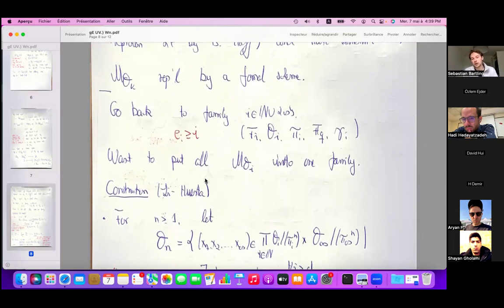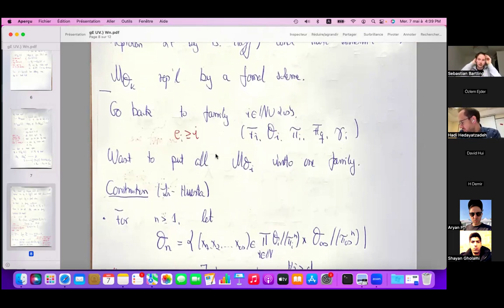So I have F_i, O_i, pi_i, and they all have the residue field F_q. At infinity, I have this Laurent series field over F_q, and I require that the ramification index is greater or equal than i. And I also fix this identification gamma_i.